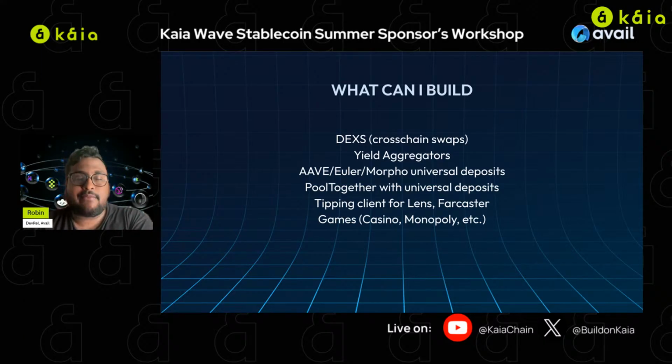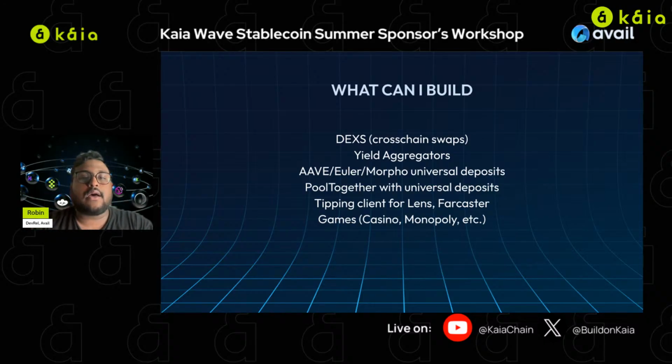There might be a question again, right? What can I build with this tool that I've shared? Anything that requires liquidity, that requires a movement of liquidity, is okay to build.